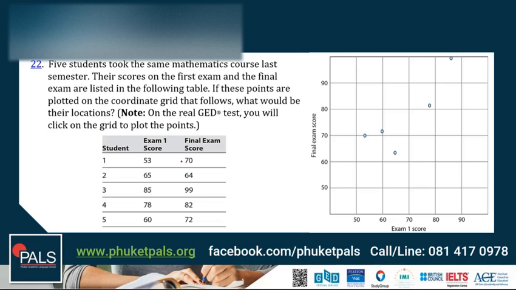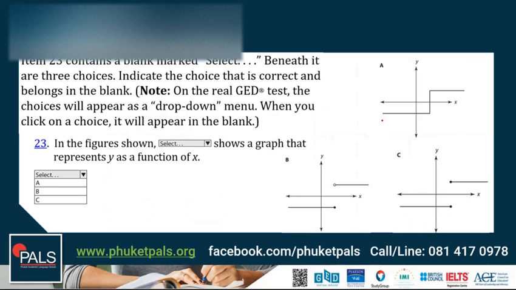Let's check student number 1. 53 and 70, so it should be approximately here. Then 65 and 64, so it's here. And then 85 and 99, so 85 is here, so 99 is there. Then 78 and 82, okay, it's here. Then 60 and 72, it's here.